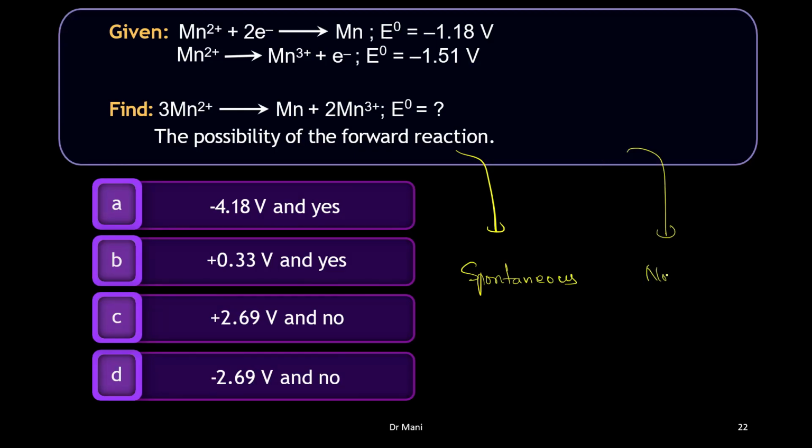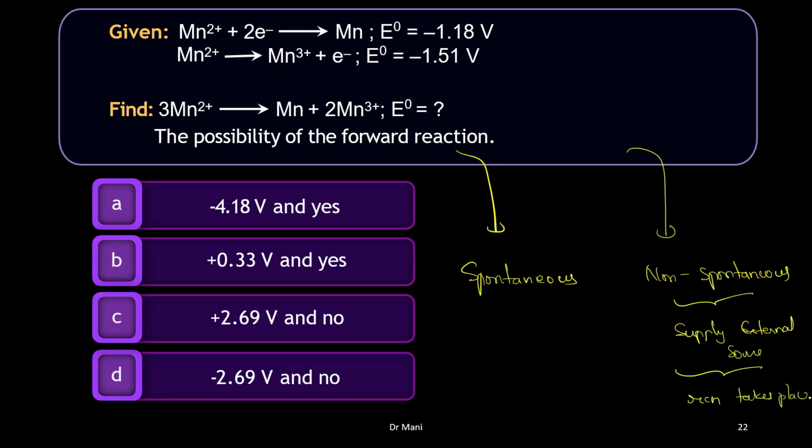So non-spontaneous: supply external energy, and the reaction takes place. If you don't provide the external source, the reaction doesn't take place. Here, the reaction takes place without any external source.